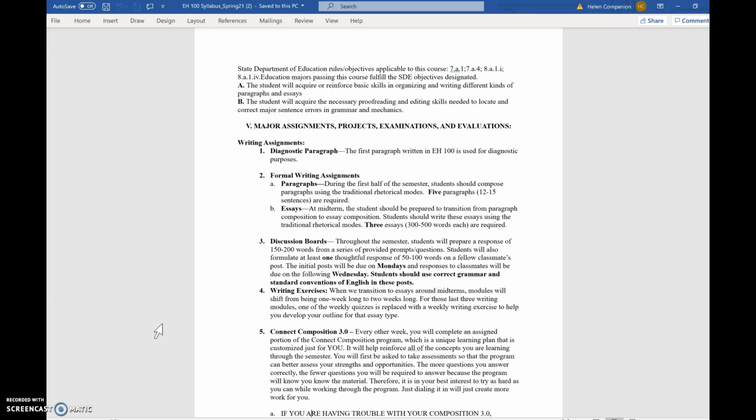When we transition to essays at midterm, you'll start having a few writing exercises. One of the quizzes in those last 3 modules is replaced by an exercise. And these are to help you to develop your outlines. So you'll start with your discussion board on Monday, and then on that Wednesday, you'll have just a few short questions to answer to help you get some ideas for the outline, which will be due that Friday.